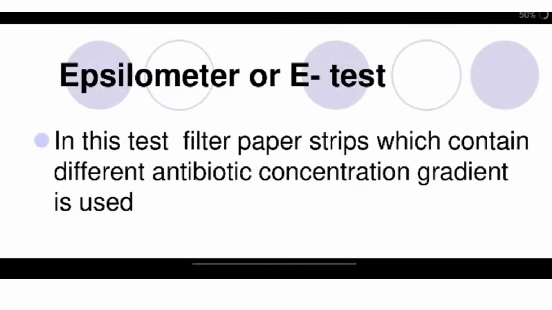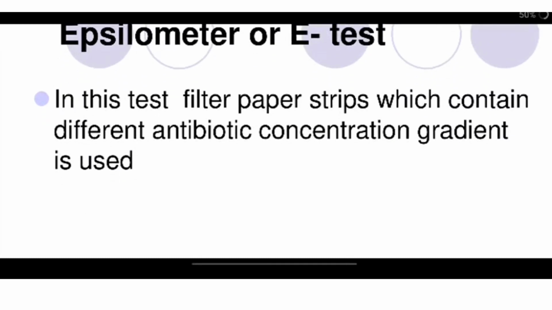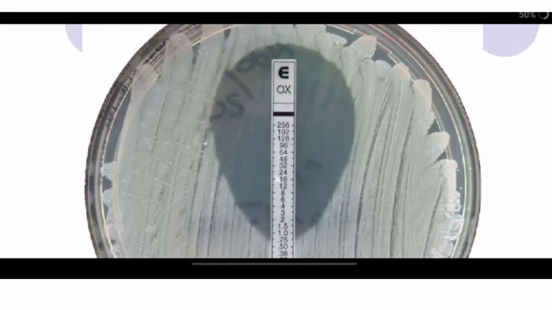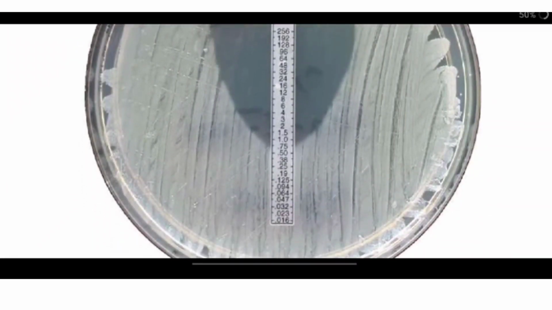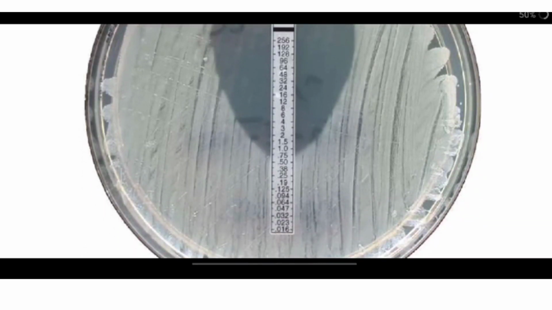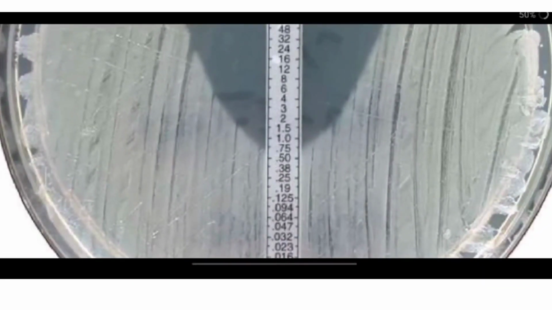Epsilometer or E-test. In this test, filter paper strips which contain a different antibiotic concentration gradient are used. See here, E-test, Epsilometer test. In this test, this strip is infused with different concentrations of the antibiotic.